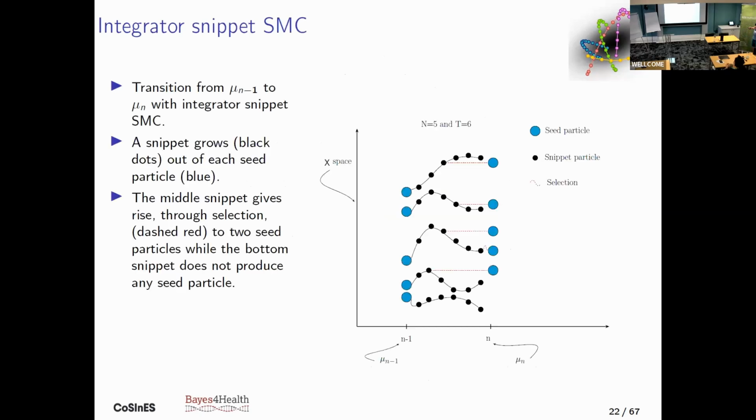Okay, so we've got a picture which sort of tells you the whole story. This is the second slide to remember if you were lost elsewhere: the first slide and this slide. So how does it work? Again, SMC at iteration n-1, you had 5 particles.